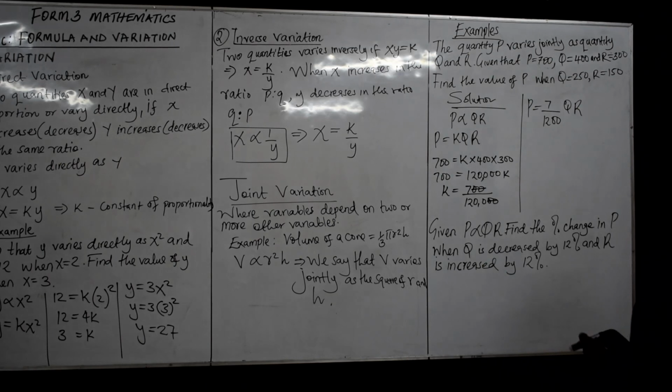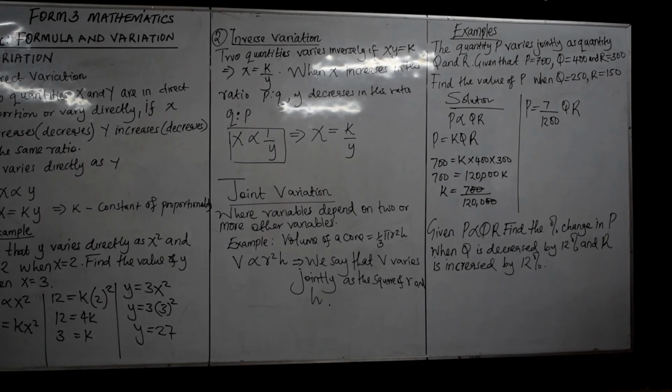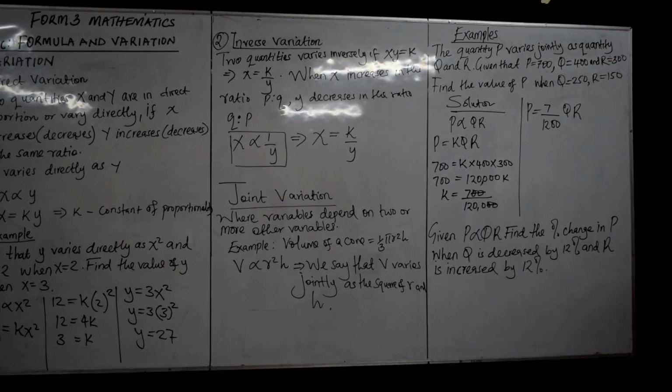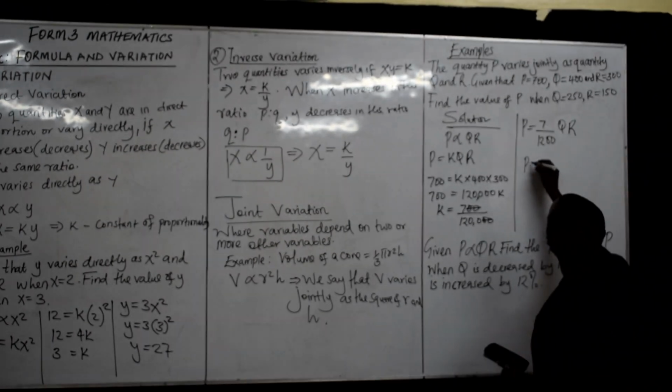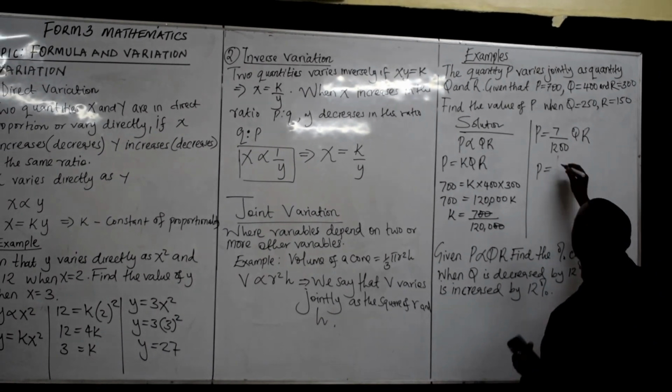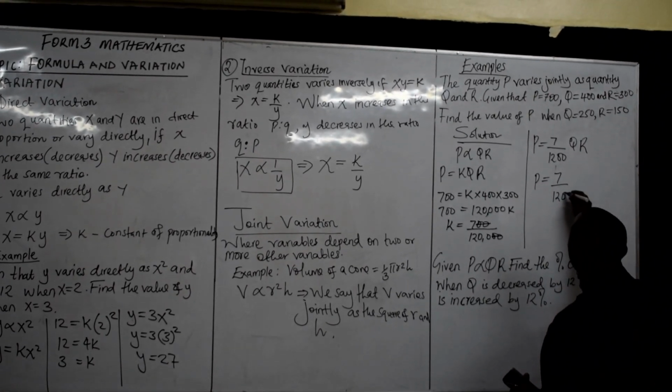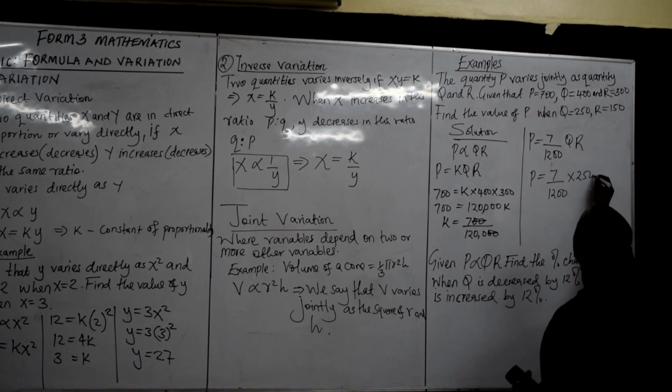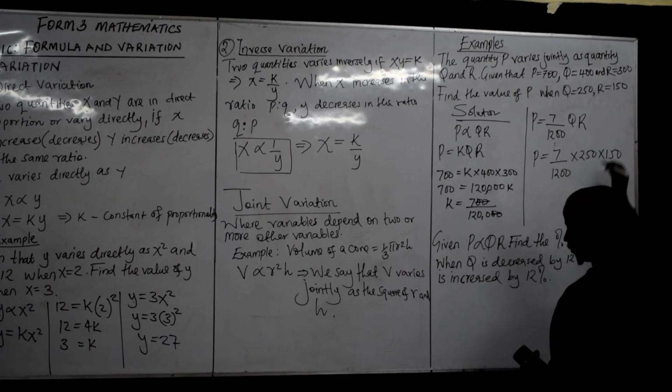Then find the value of P when Q is 250 and R is 150. So we just substitute because we have the values of P and Q. This is 7 over 1,200 multiplied by 250 multiplied by 150.